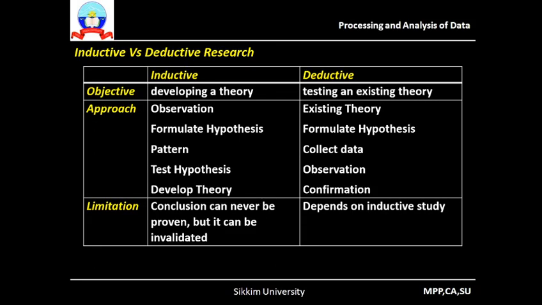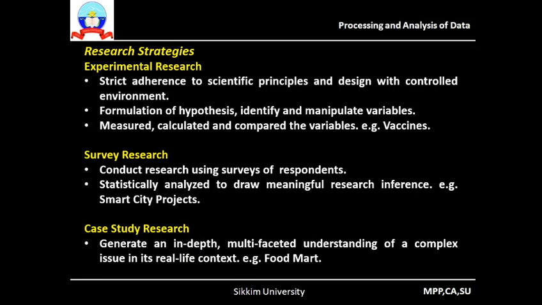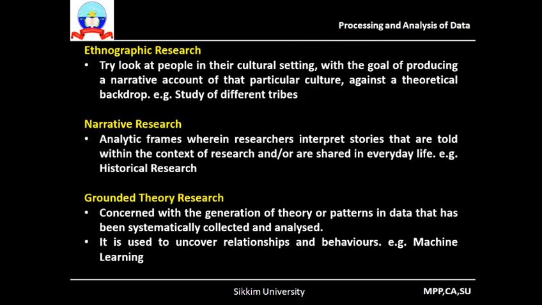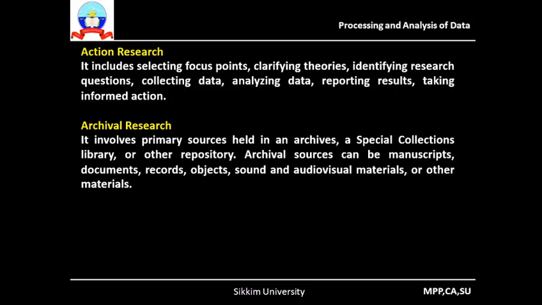Then we moved on to differences between inductive and deductive research. Further, we discussed different types of research strategies, starting from experimental research to survey research to case study based research to ethnographic research to narrative research, followed by grounded research, action research, and archival research.